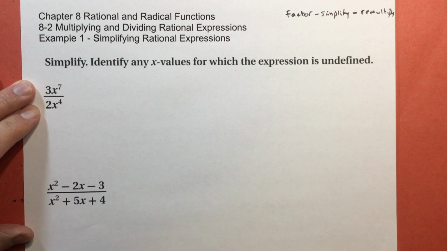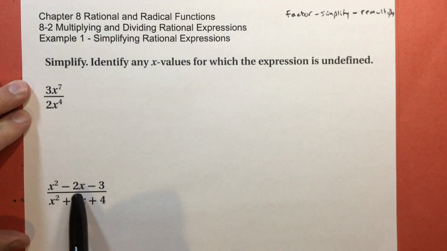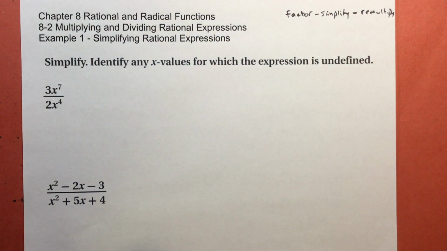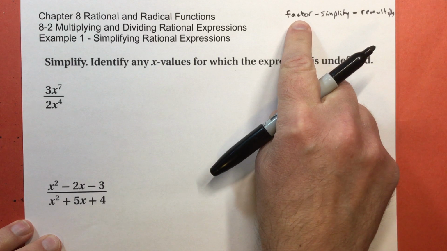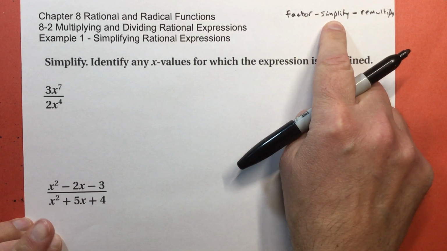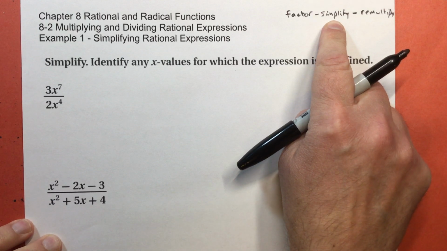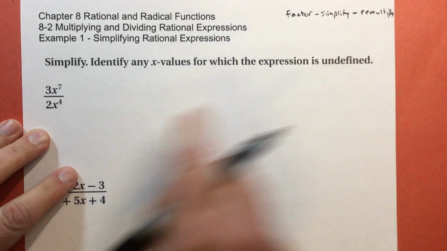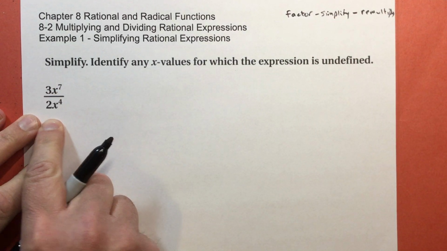These have polynomials. So I'll get to that one in a second. But we're still going to follow this step. We're going to factor, we're going to reduce, and of course I'm saying that word kind of like knowing that it's a weird word, and then we're going to remultiply if we can. All right, let's do this one. Start off real easy, okay?